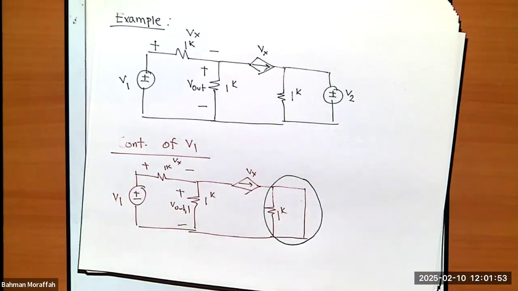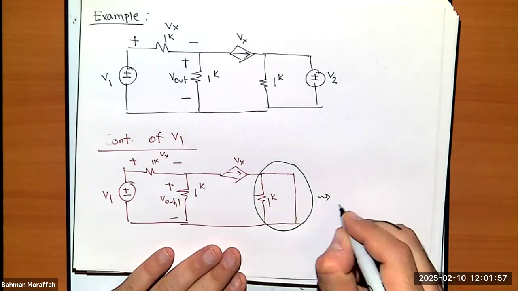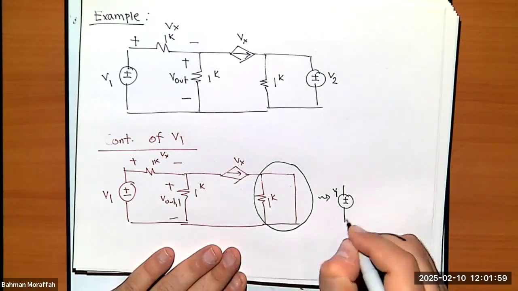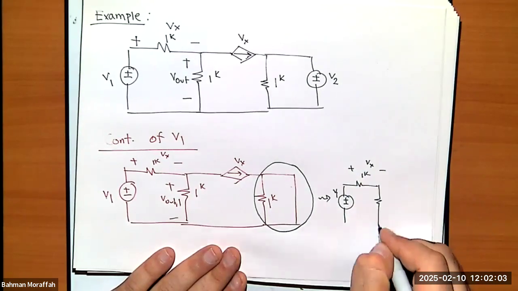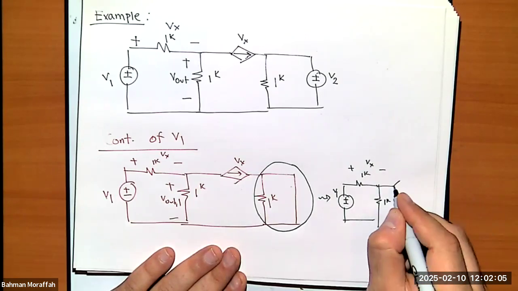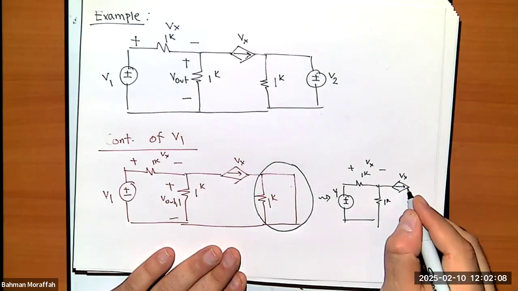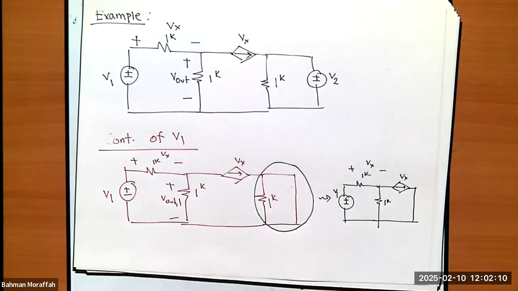It's just going to be a wire, right? So my circuit would look like this. I have this V1, I have this 1K, this is Vx, this is 1K, and this is Vx, and right here.